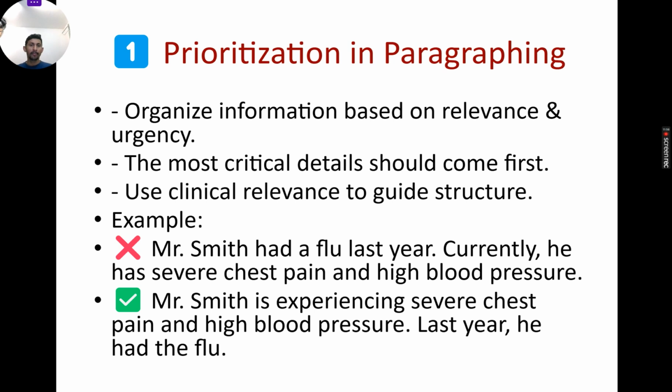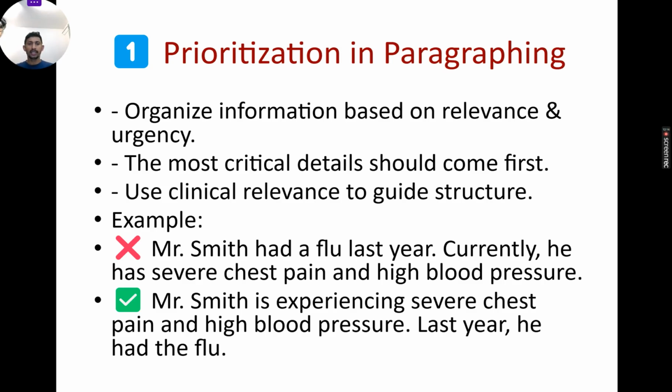For example, Mr. Smith had a flu last year. Currently he has severe chest pain and high blood pressure. Mr. Smith is experiencing severe chest pain and high blood pressure. Last year he had the flu.